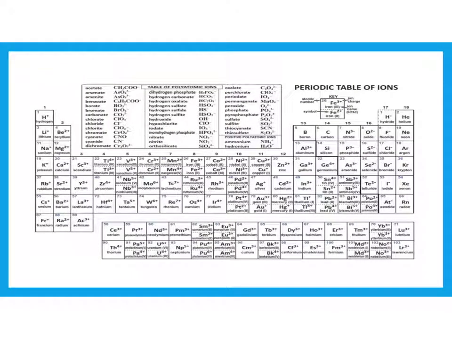So remember, here is our periodic table again, and here is our staircase. All of the metals are on this side, so everything on this side of the staircase, because these are all positive, are metals. But we're only concerned today with these ones that have 2 possible charges.